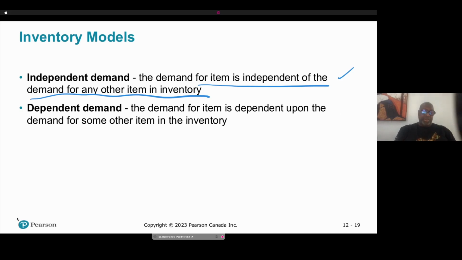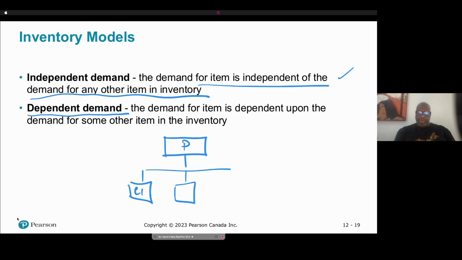However, there is something called dependent demand, where I am actually making a product through an assembly of different components. So that's my product, component 1, component 2, component 3, and then I require 1, I require 2 here, and I require 4. So if my demand for my final product is 10, it means I will need 10 of C1, right?